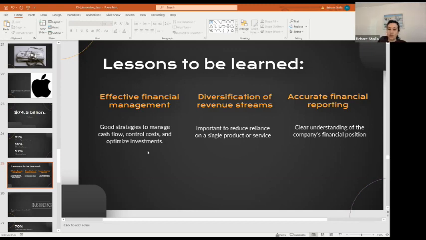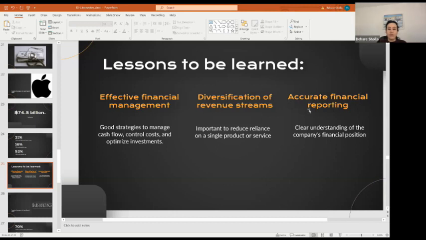All this information is derived from financial reports. That's why I keep mentioning that analyzing and understanding financial reports is crucial for every business. And also another lesson is that Apple has a diversification of revenue streams, which means that they don't rely on a single product or service, but they have several products and services.